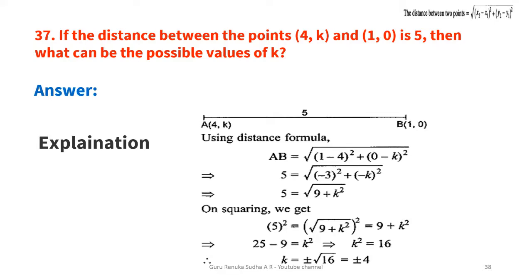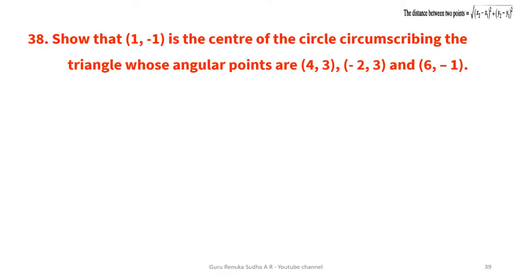After solving that you can get the answer. 38th question: show that (1, -1) is the center of the circle circumscribing the triangle whose angular points are (4, 3), (-2, 3) and (6, -1). Those words we have to observe.